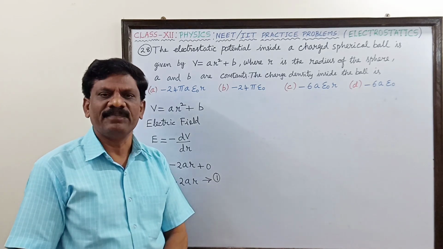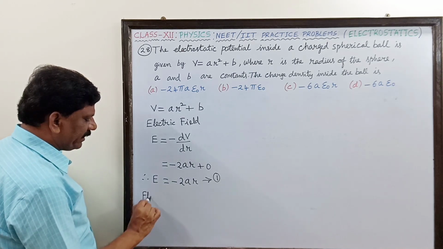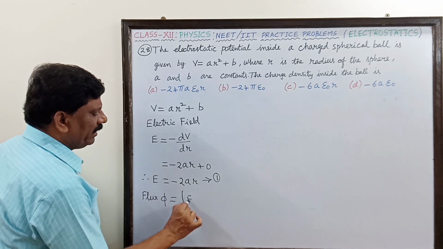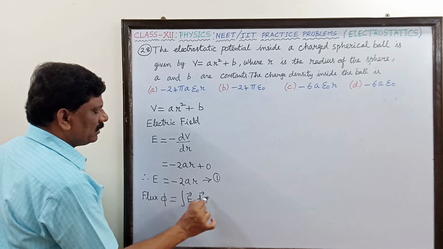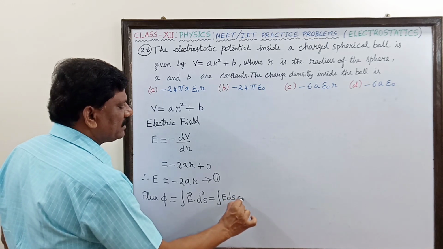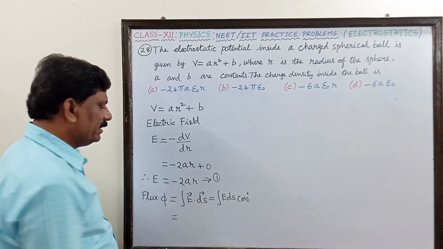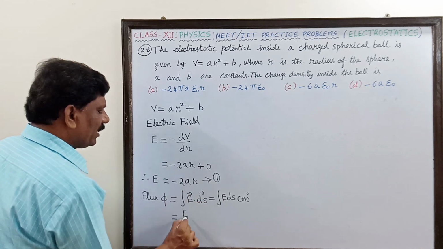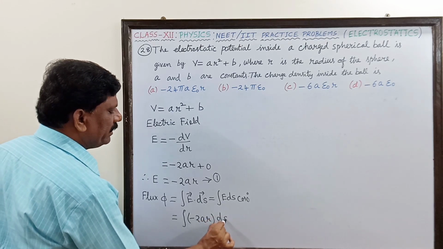Are you understanding this? Now, after this, the electric flux expression, flux phi is equal to integral E dot ds. So, this is equal to integral E into ds into cos of 0. So, this is equal to integral E into ds. So, inside this integral, instead of electric field, what we are going to write is minus 2AR into ds.